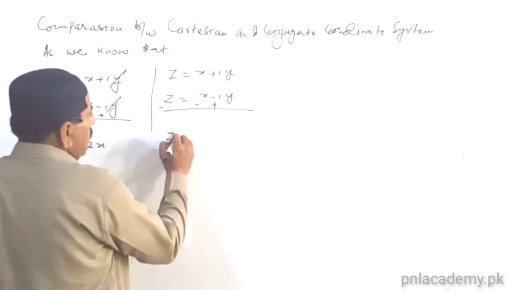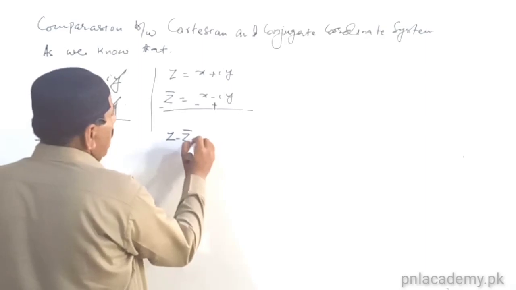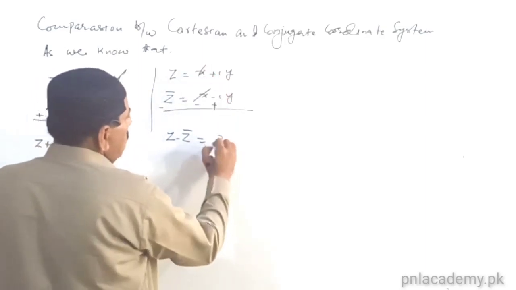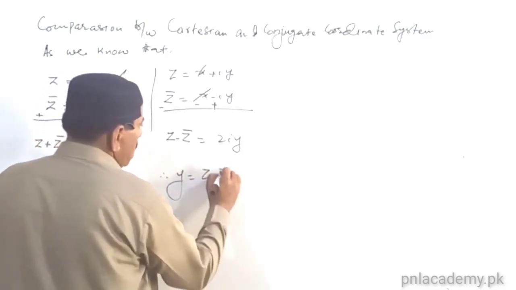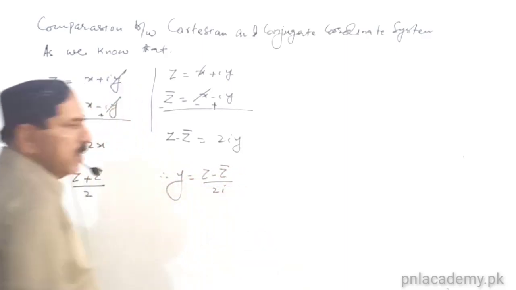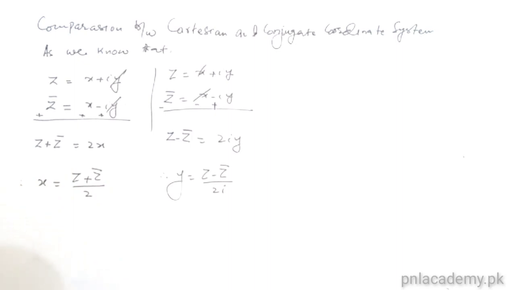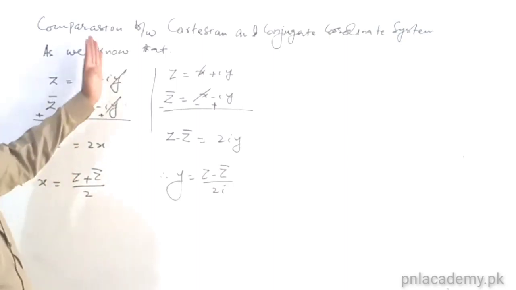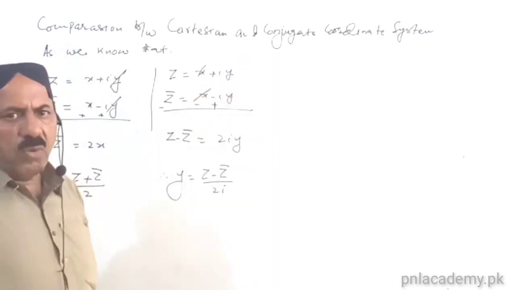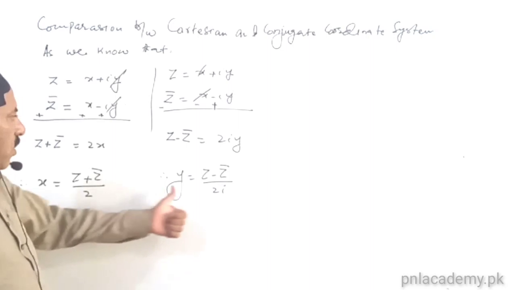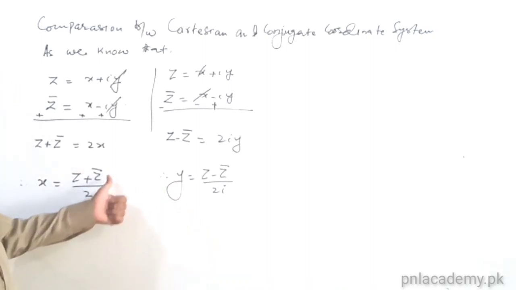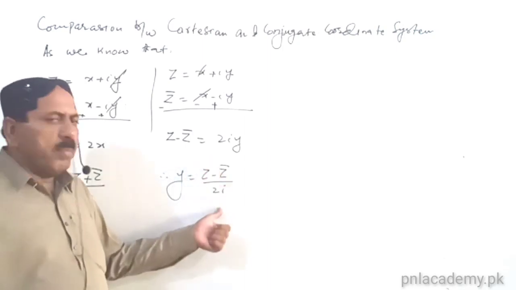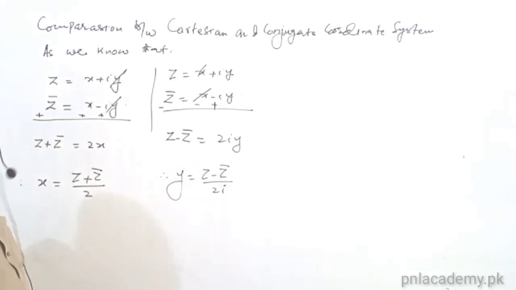Here z minus z bar, x cancel, 2 iota y. Therefore, the value of y is equal to z minus z bar upon 2 iota. So, if we want to make the comparison between Cartesian and conjugate coordinate system, that x comma y are Cartesian coordinate system, their values z plus z bar upon 2, z minus z bar upon 2 iota, the values are the conjugate coordinate system.